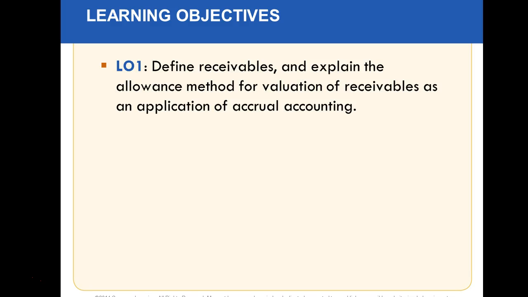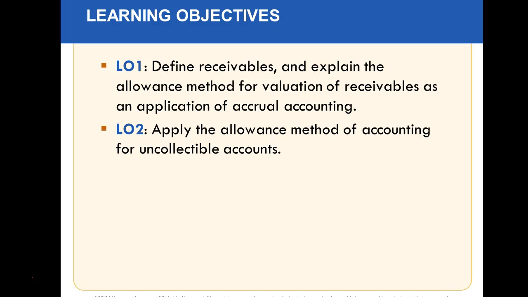So we're going to talk about a method called the Allowance Method for valuing receivables. Valuing receivables means that instead of just recording the total amount we want to collect, we look historically at the percent of receivables that haven't been collected in the past and keep an allowance, so we're accurately showing the books the way they should be.